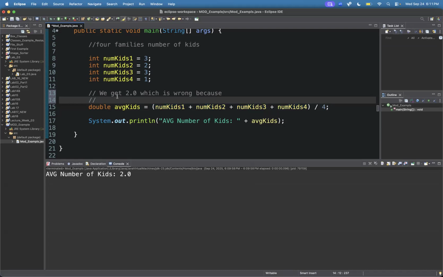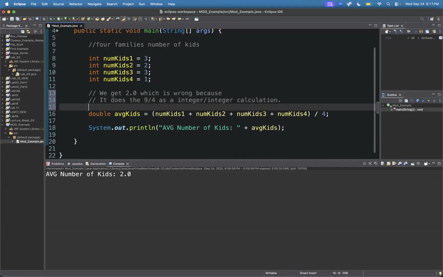So we get 2.0 because it does essentially 9 divided by 4 as an integer divided by integer calculation. So we get no decimals, right? So we get a whole number, which is an integer.